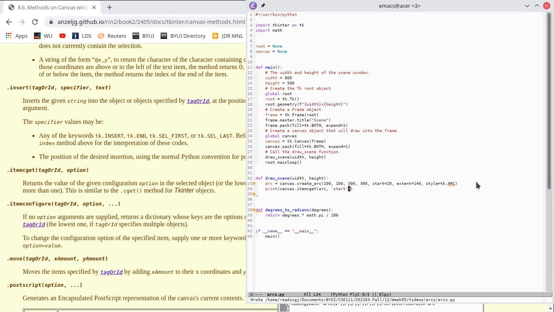All right. So now what we want to do is root.after, and we'll start with 500 milliseconds, change arc. So now we need to write def change arc.